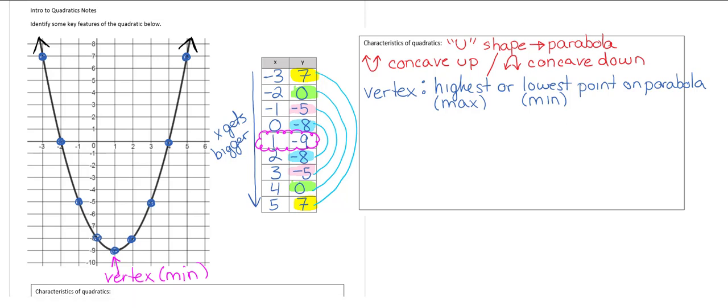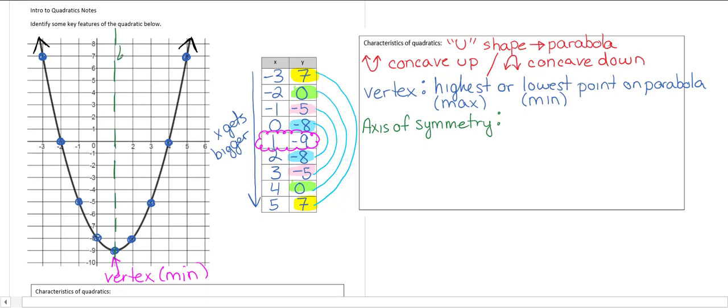And another way that we look at the symmetry is through what we call the axis of symmetry. And the axis of symmetry is an invisible line through that vertex. So again, this is what we call the axis of symmetry, or here abbreviated AOS for axis of symmetry.